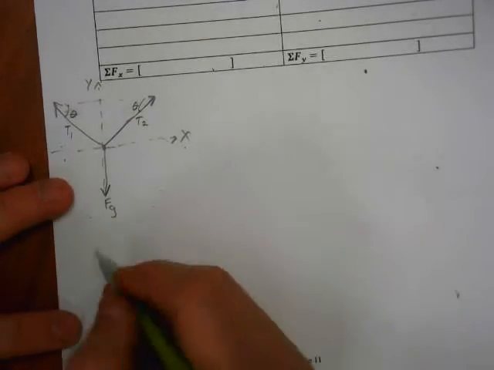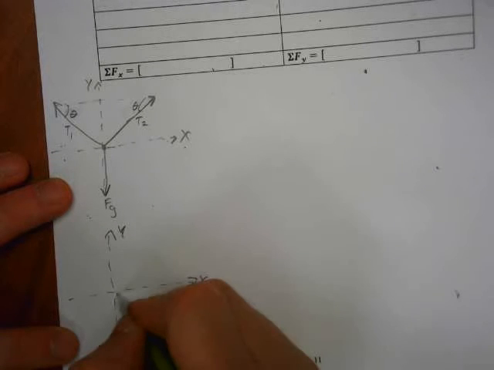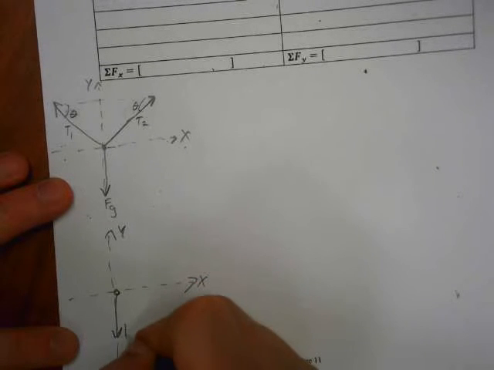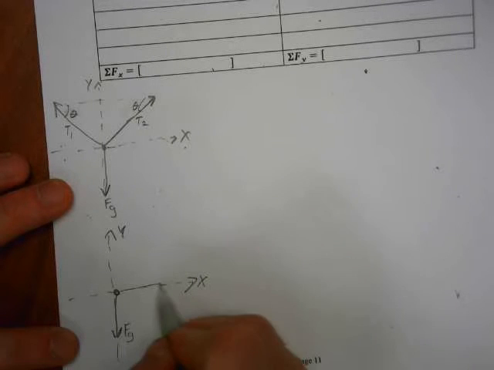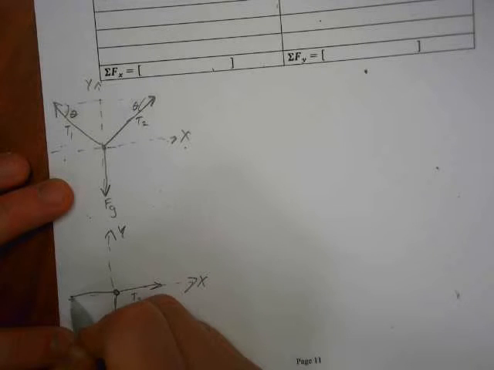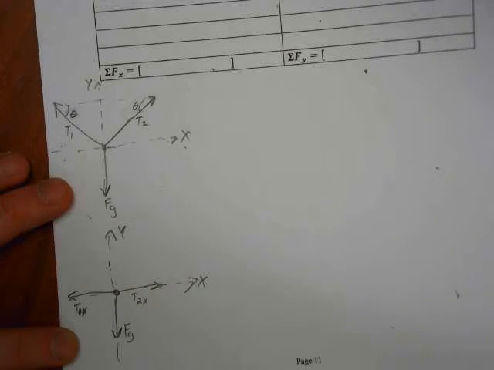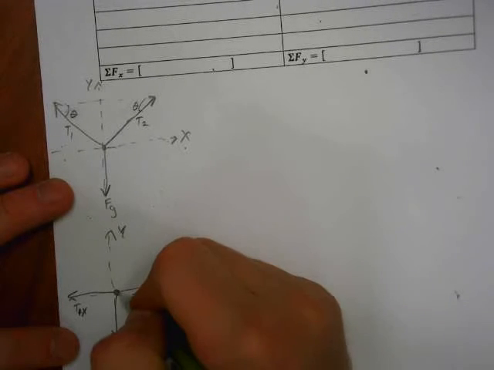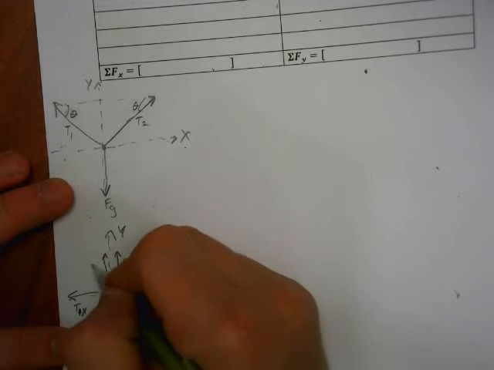All right, so I'm going to draw another free body diagram. Gravity working downward. This is T2x, T1x, and you're going to have T2y and T1y.